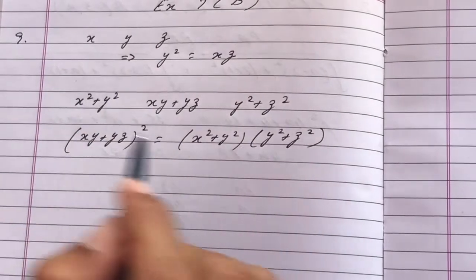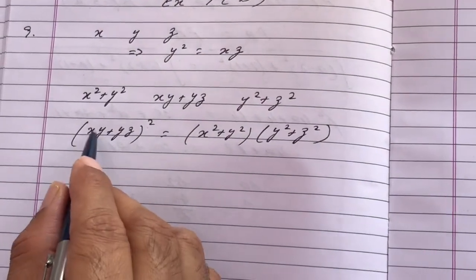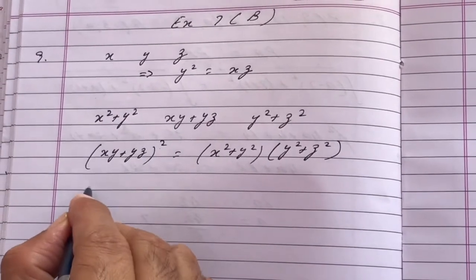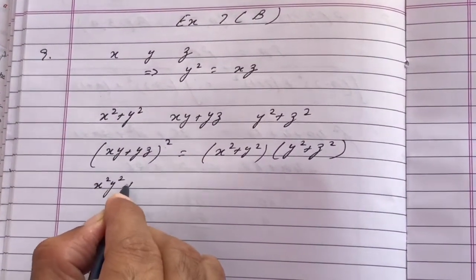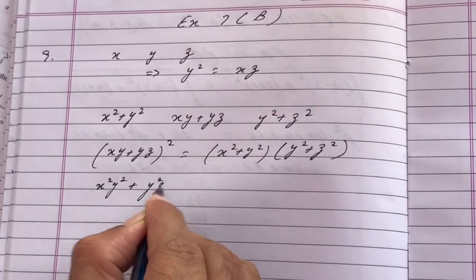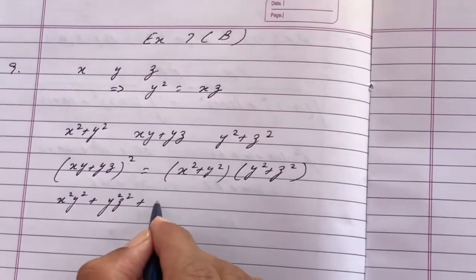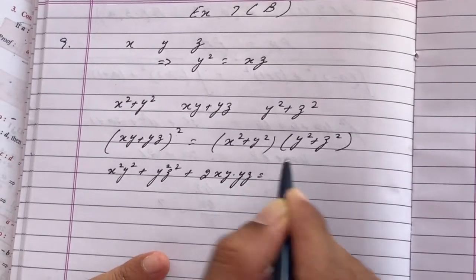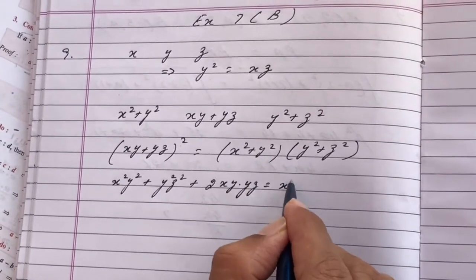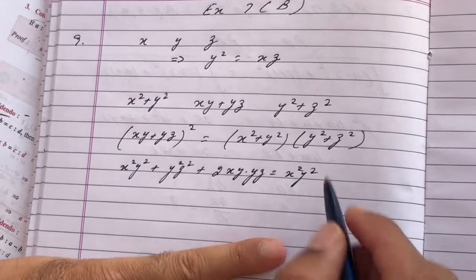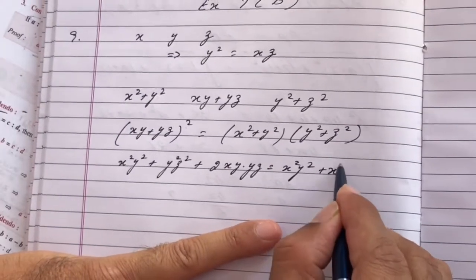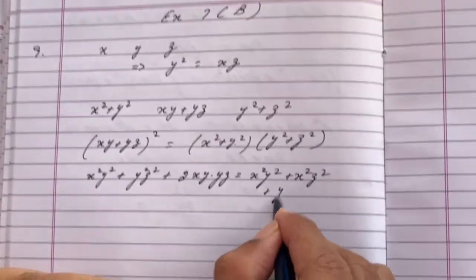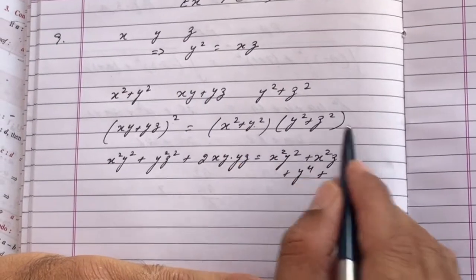Applying the formula (a plus b) square is a square plus b square plus 2ab, we get x square y square plus 2 xy into yz plus y square z square, which is equal to x square y square plus x square z square plus y4 plus y square z square.